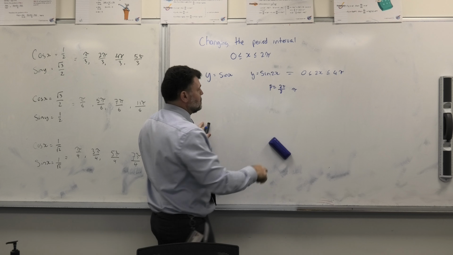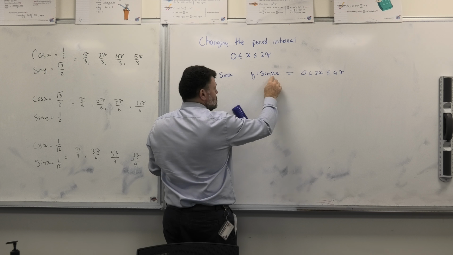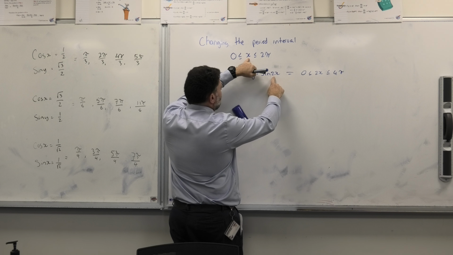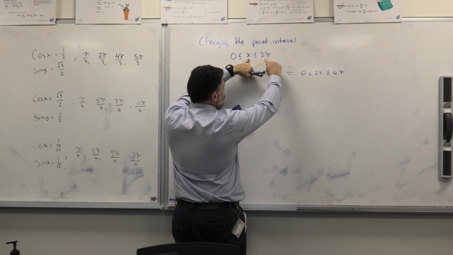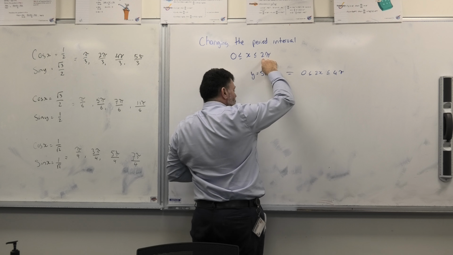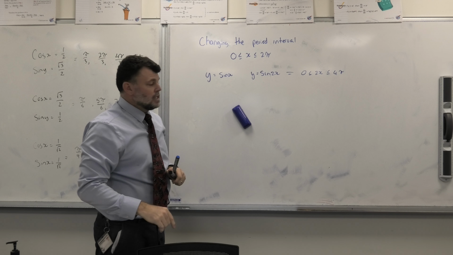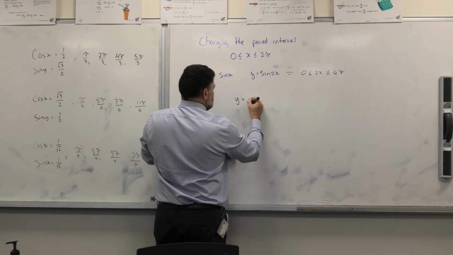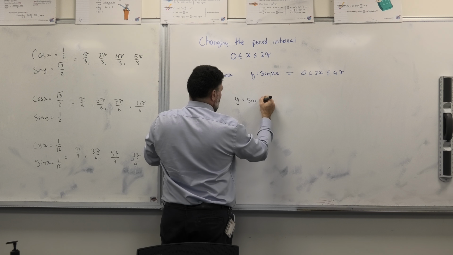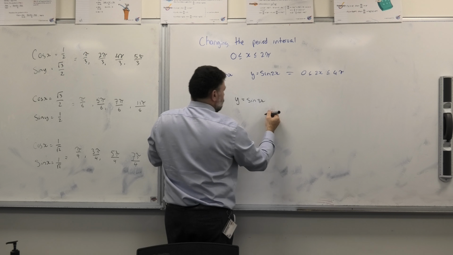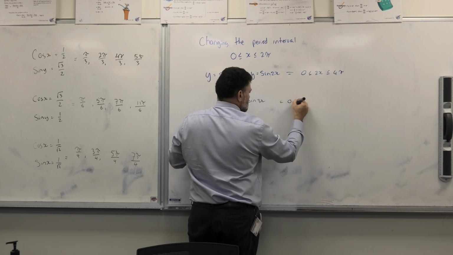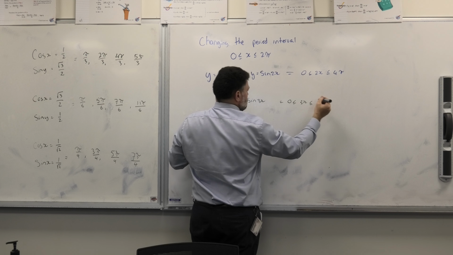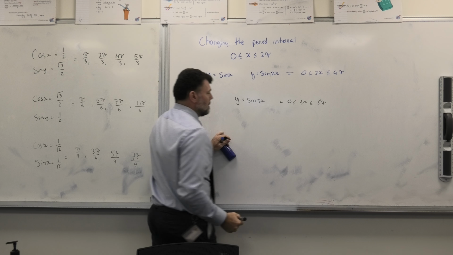So therefore, what I do in this case is I just times whatever the value is in front of x, remember your b value, by the x in here, and that also multiplies my ending interval. So for instance, if I had y is equal to sine 3x, well, the new interval here would become 0 is less than or equal to 3x, which is less than or equal to 2 times 3, 6 pi.